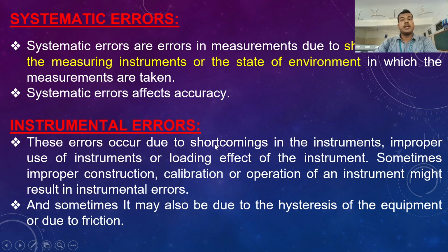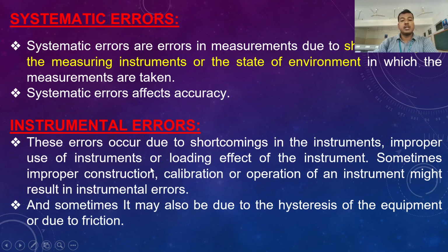This is the error due to the instrument itself, which we might have already experienced. When we get 1 kg of sugar from a shop, we may not get exactly 1 kg, because there will already be some error in the instrument, plus or minus some percentage. These errors occur due to shortcomings in the instruments, improper use of instruments, or loading effect of the instrument.